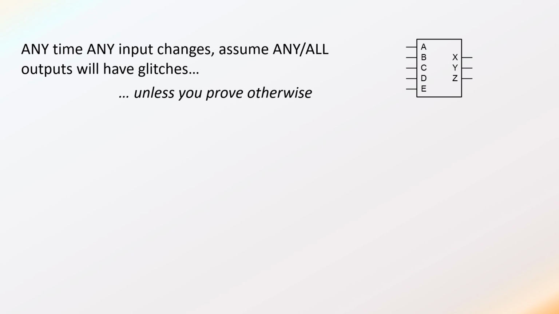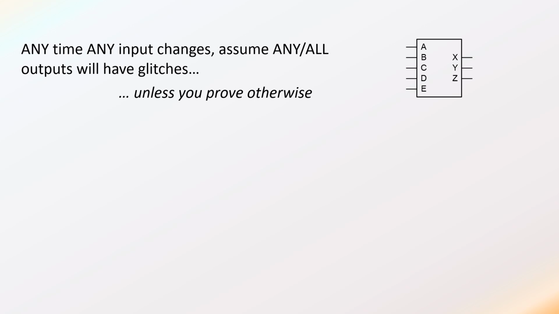And that's kind of a key takeaway: the outputs from combinational logic circuits can and will glitch anytime any input changes. You should assume that, unless you prove, by analyzing the circuit, that no glitch is possible.